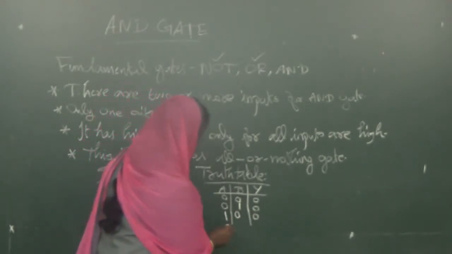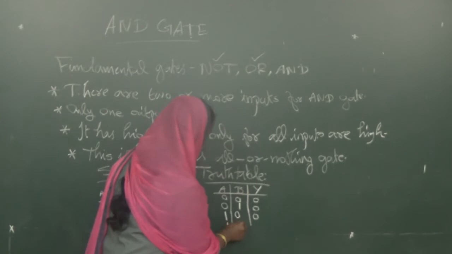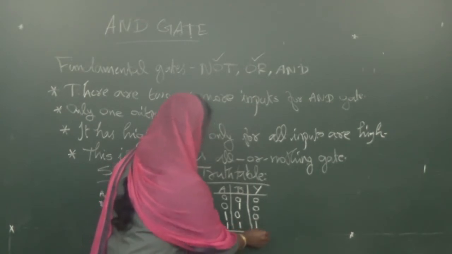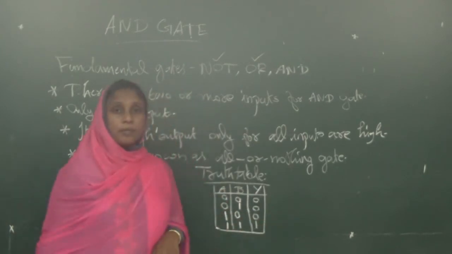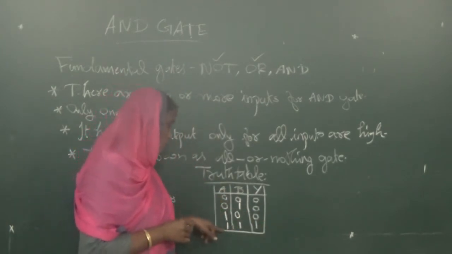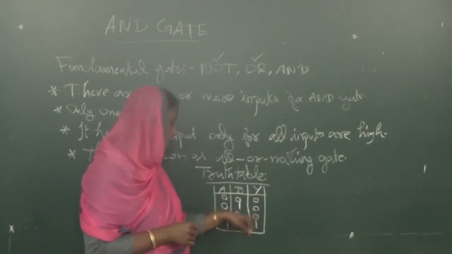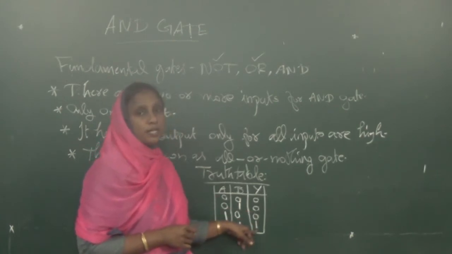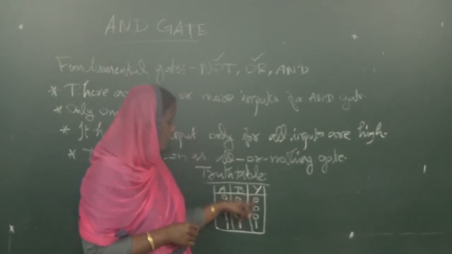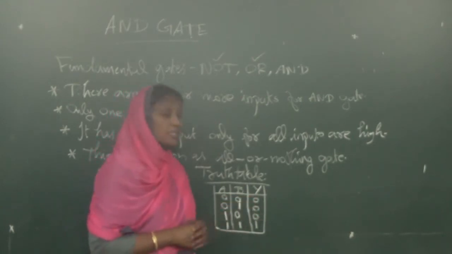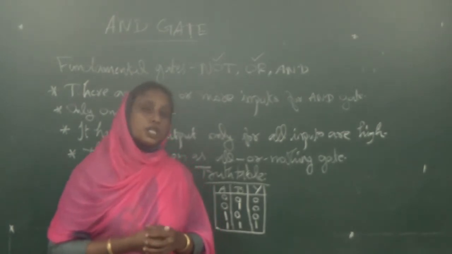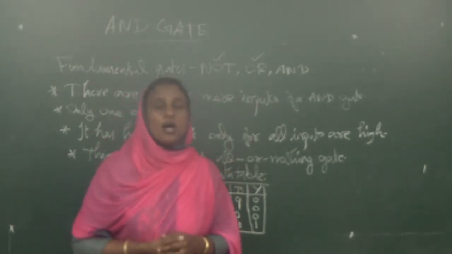Finally, 1 and 1 gives you 1. From this truth table, you can see that if all the inputs are high, then only AND gate gives you high output. Otherwise, its output is always low. 1 represents high output and 0 represents low output.